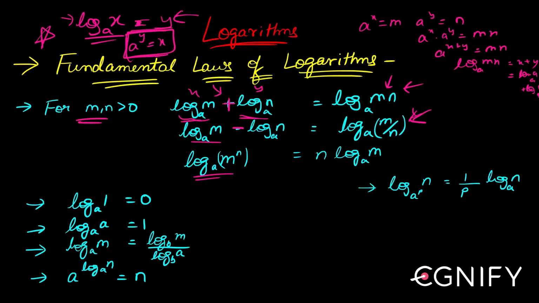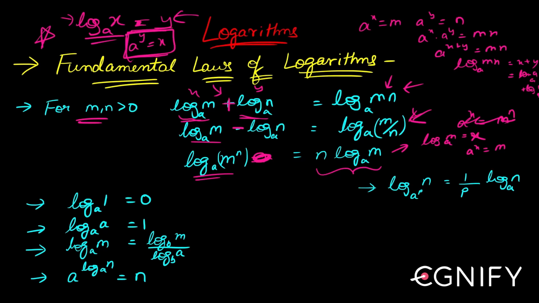Likewise, you have log base a m power n, that can be written as n into log m base a. Once again, proving this is not difficult. Let it be equal to x. Then I will say that a power x equal to m power n. In fact, rather than taking this entire thing as x, the correct proof for this is let log m base a be equal to x, not the entire thing. So you can obviously write a power x equal to m.